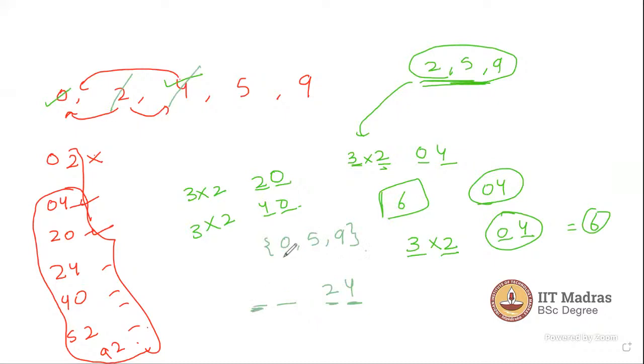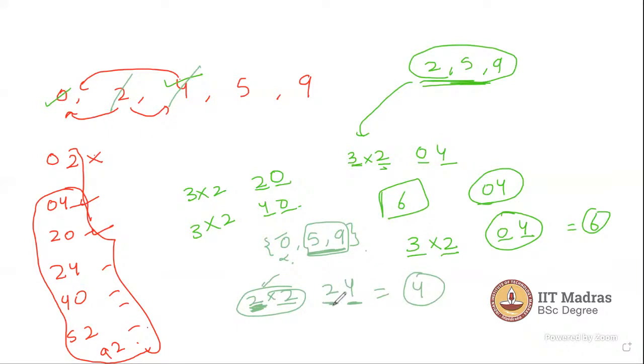For the first place, I cannot use this 0, because then it will be a 3-digit number, right? So I have only 2 options for my first place. One of these 2 is used here. For the next, I have the other one of these 2 and 0. So again, 2 ways, right? So if my number ends with 2, 4, I have 4 ways to get my 4-digit number.